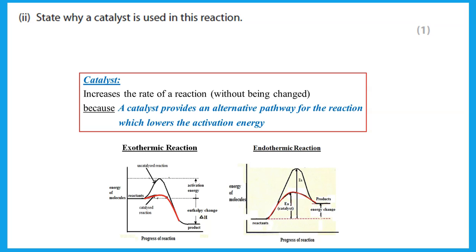So whether we're talking about an exothermic or an endothermic reaction, using a catalyst lowers the activation energy by providing an alternative pathway for the reaction. So it causes the reaction to occur in a different way that has lower activation energy. So we use catalysts to speed up any reaction or to increase the rate of the reaction.